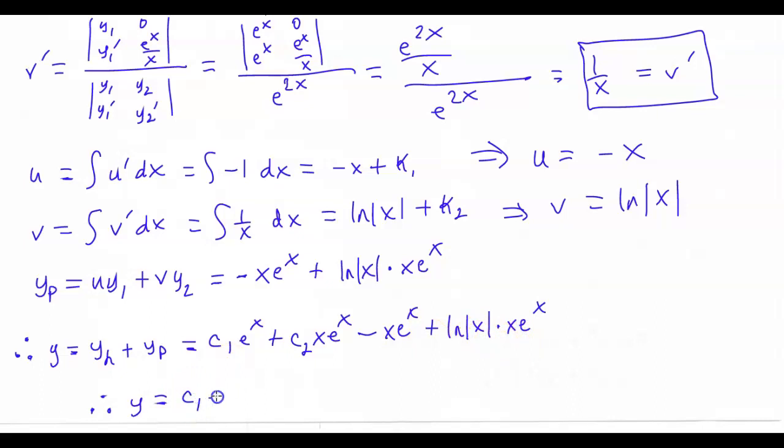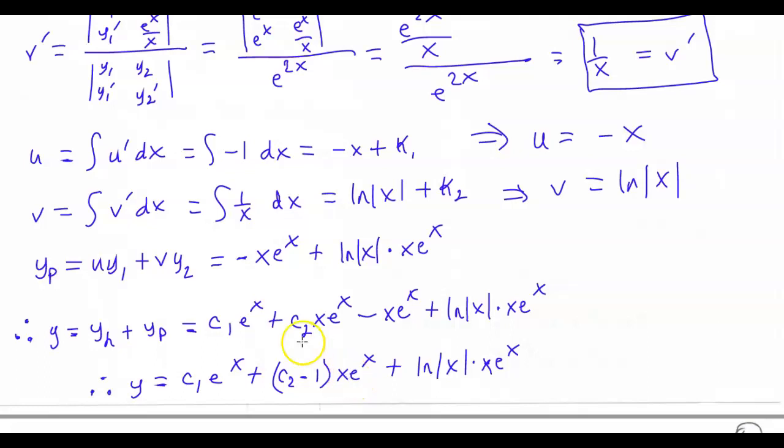So we'll say c1 e raised to the x plus c2 minus 1 here, times x e raised to the x plus natural log of x times x e raised to the x. Okay, so that's actually what it ends up looking like.